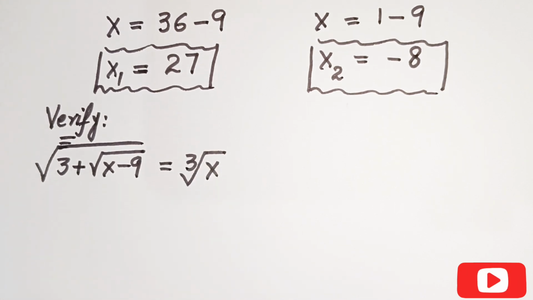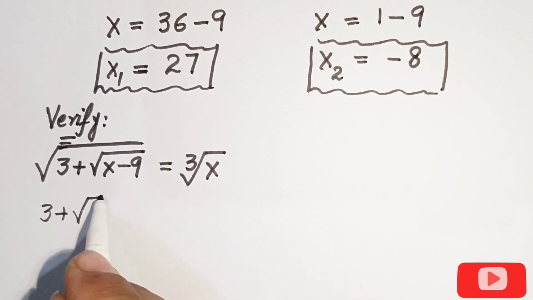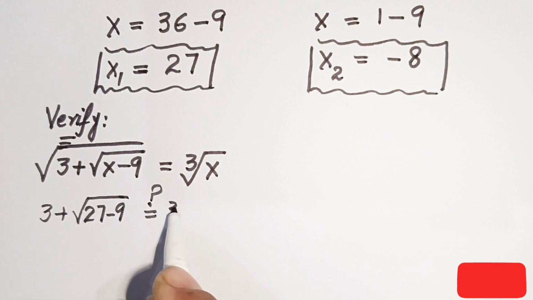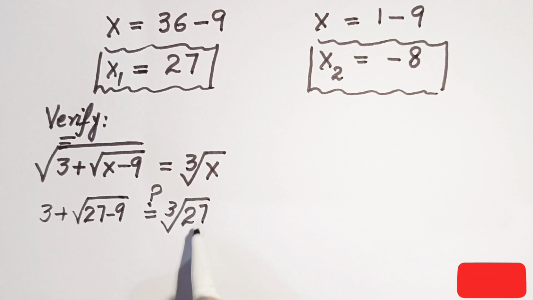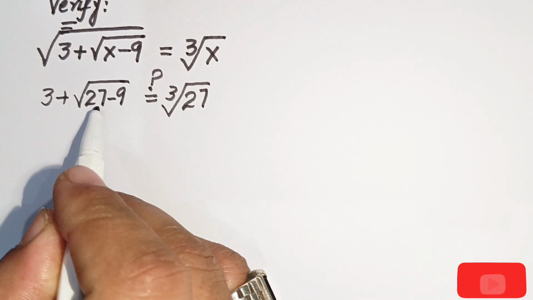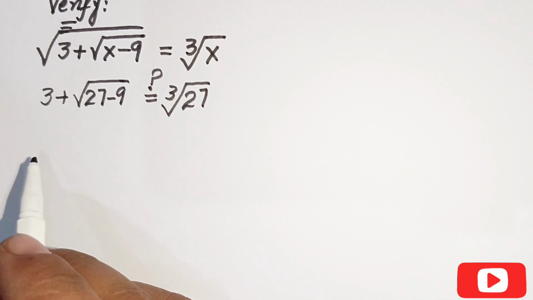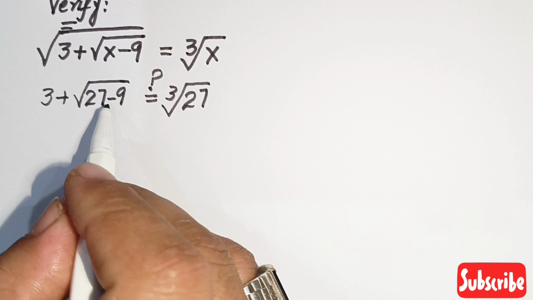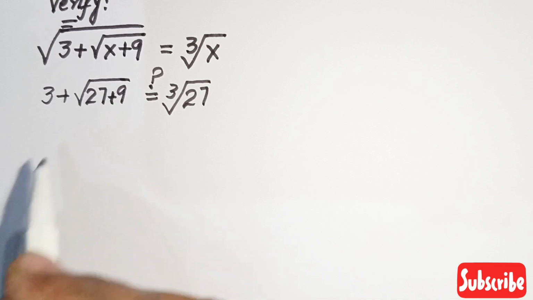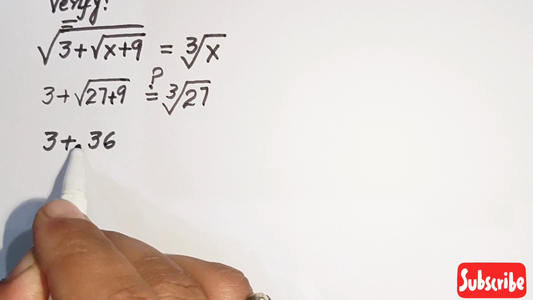So when x is equal to 27, we have 3 plus square root of 27 plus 9, that is 36, square root.